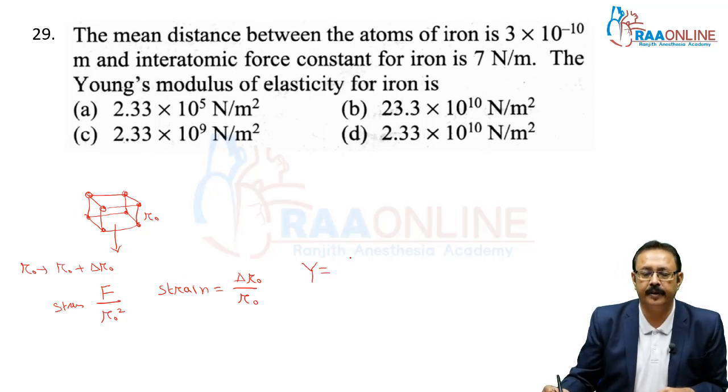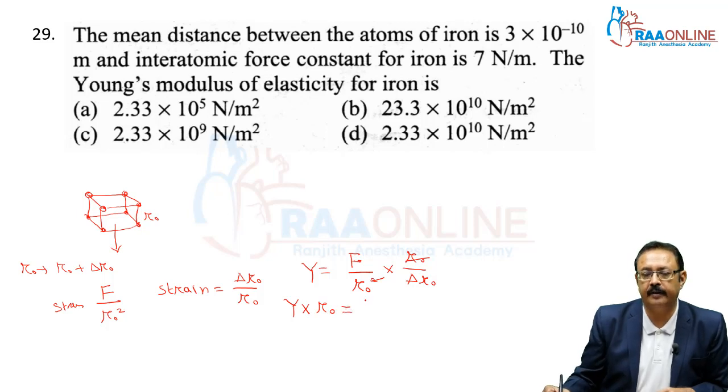Stress upon strain: F upon R0 square, divided by strain, means into R0 upon delta R0. Cancel one R0.